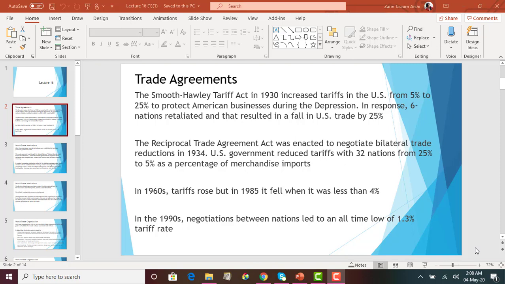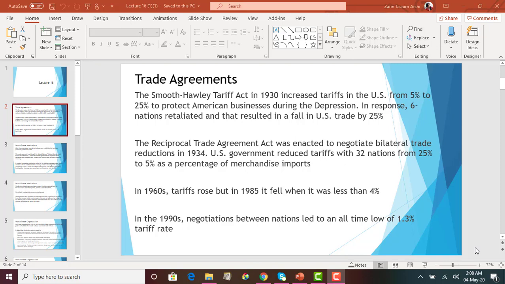This happened during the depression, because the government was trying to protect local businesses so they did not face severe competition from global markets.